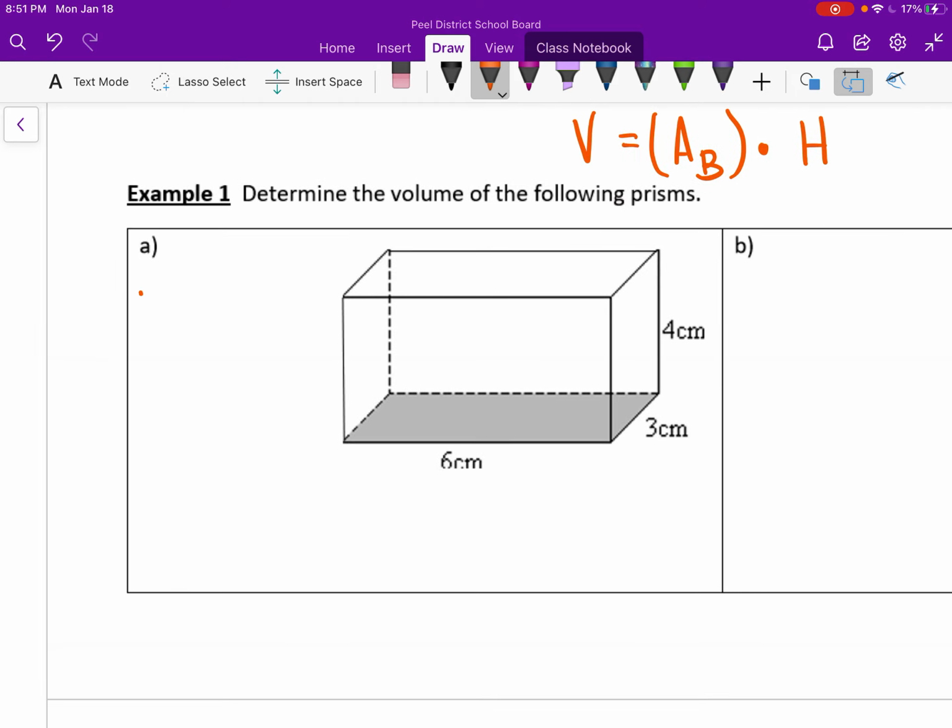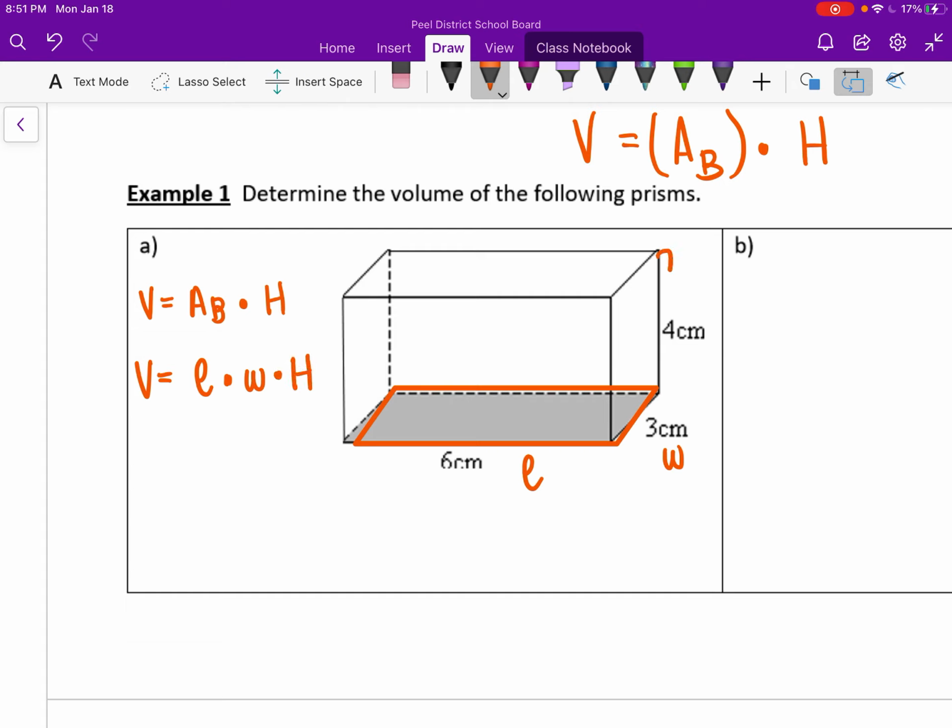So we know that volume is equal to area of the base multiplied by height. The area of the base is just the area of this shaded rectangle down here, which we know is length times width. So the volume is equal to length times width times height.